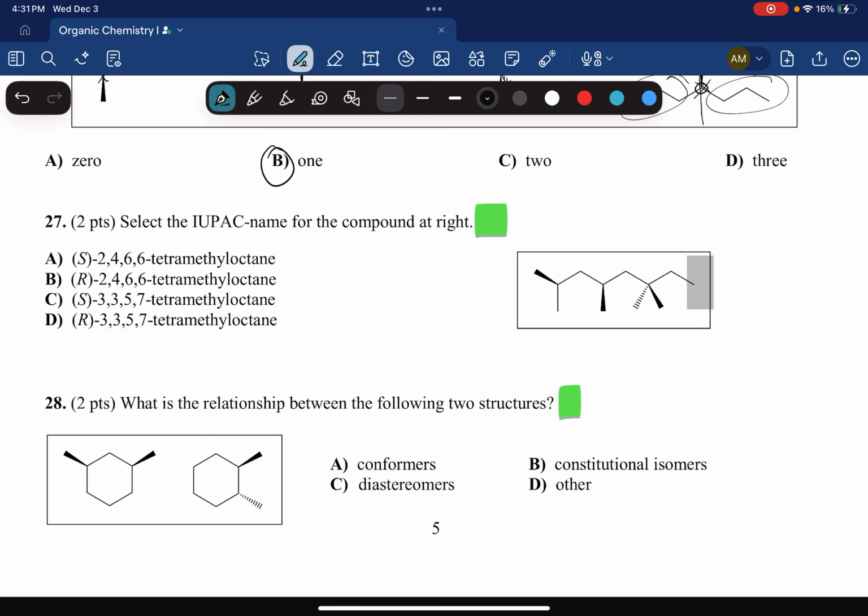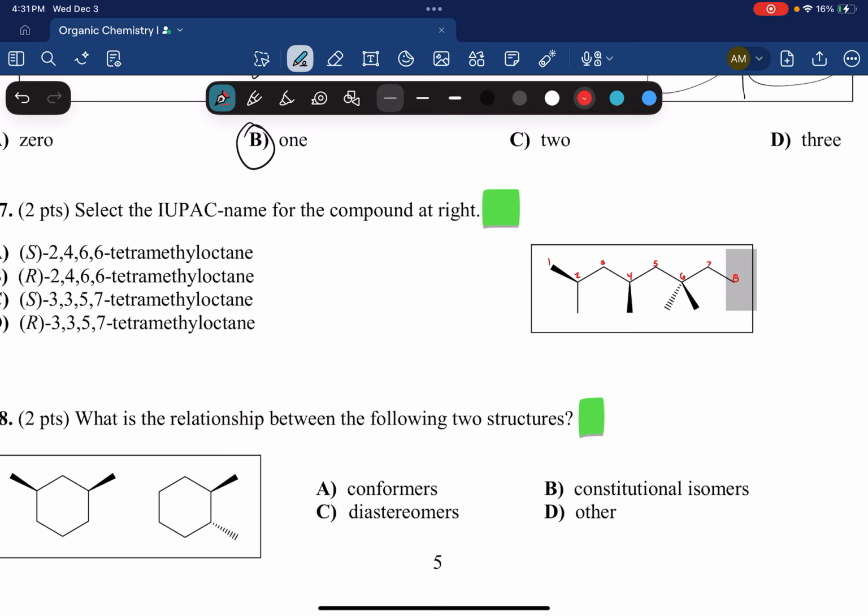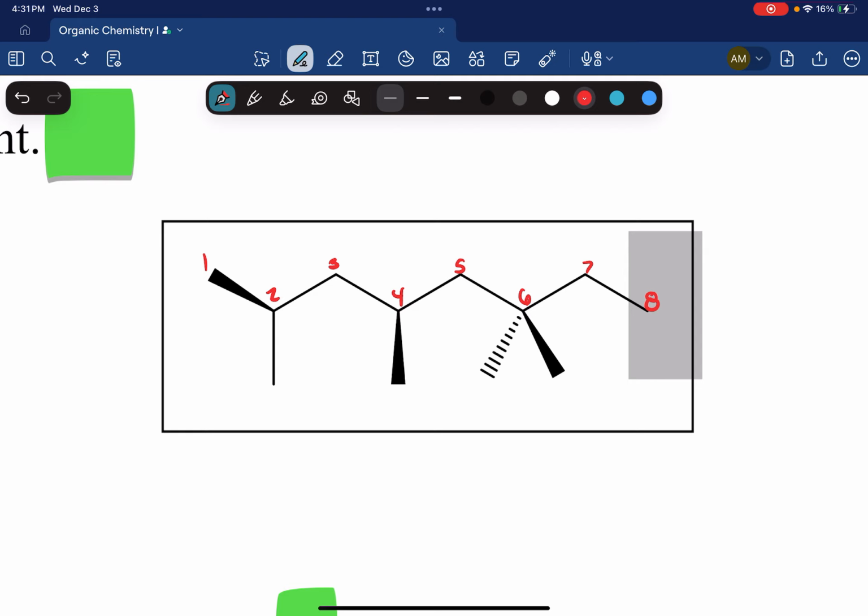Okay. Let's find the longest carbon chain. 1, 2, 3, 4, 5, 6, 7, 8. I don't think it gets longer than that. Octane, we're good. All right. So we've got 1, 2, 3, 4 methyls. And the word for that is tetra.